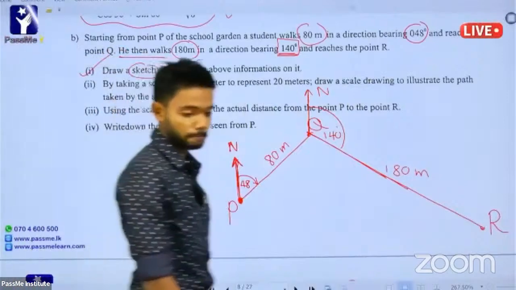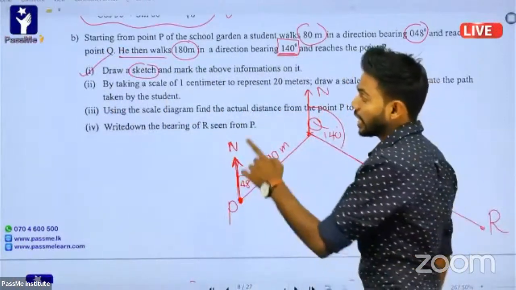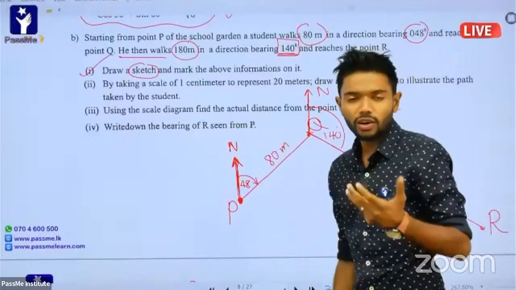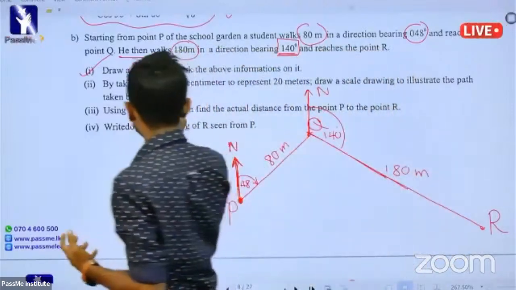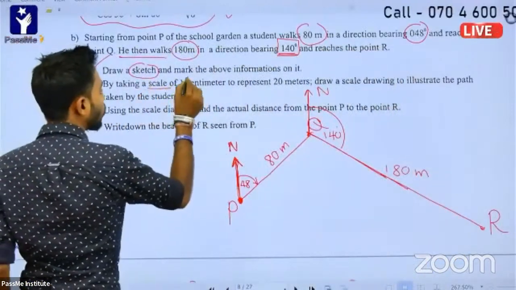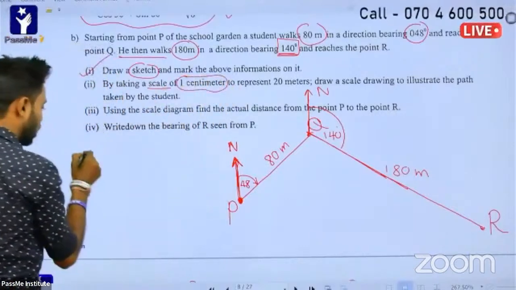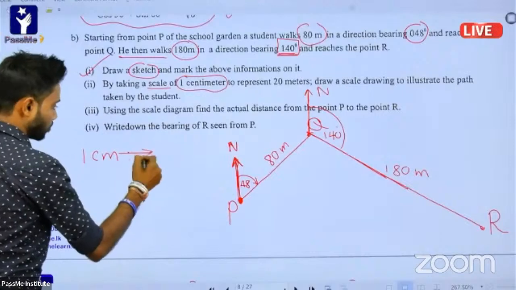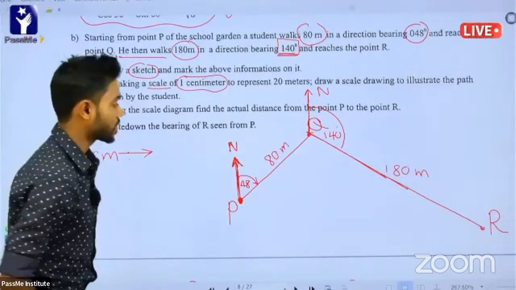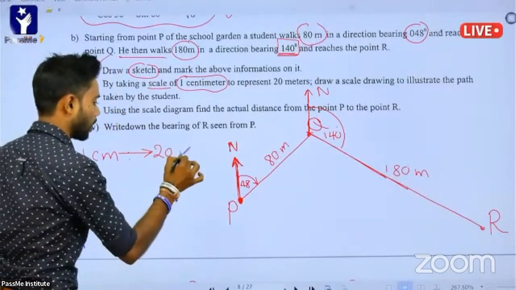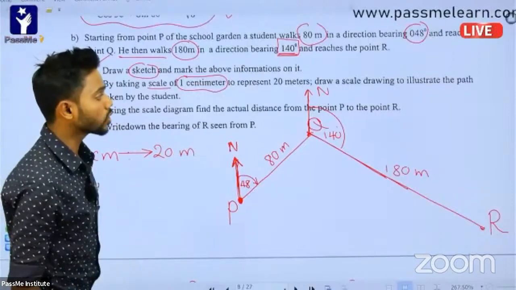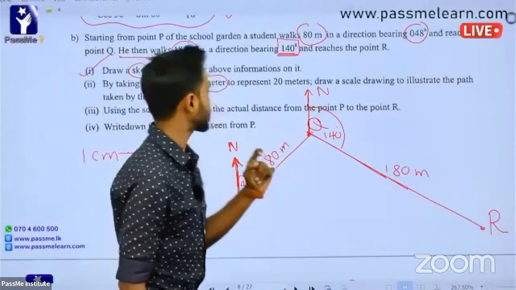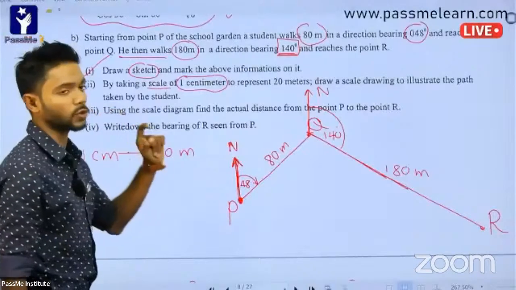Question number 2. Now, by taking a scale, now you can see, you have to take a scale of 1 centimeter. This is the scale, right? 1 centimeter represents 20 meter. Draw it to illustrate the path by taking the scale.